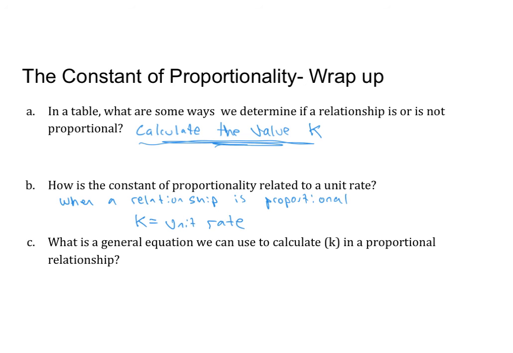And then what is a general equation we can use to calculate K in a proportional relationship? The big idea there is just to remember this very first formula of this unit, which is K will always equal Y divided by X.